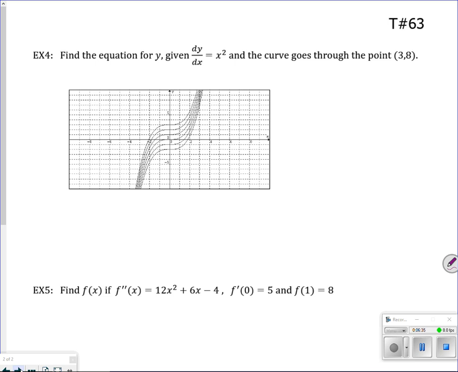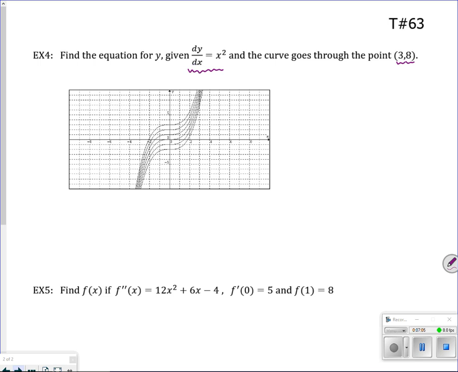There are many different functions that have a derivative of x squared. It's going to be a cubic. You could say x cubed plus 2 would have that derivative, x cubed plus 5, x cubed minus 7. But only one of them is going to go through this point.